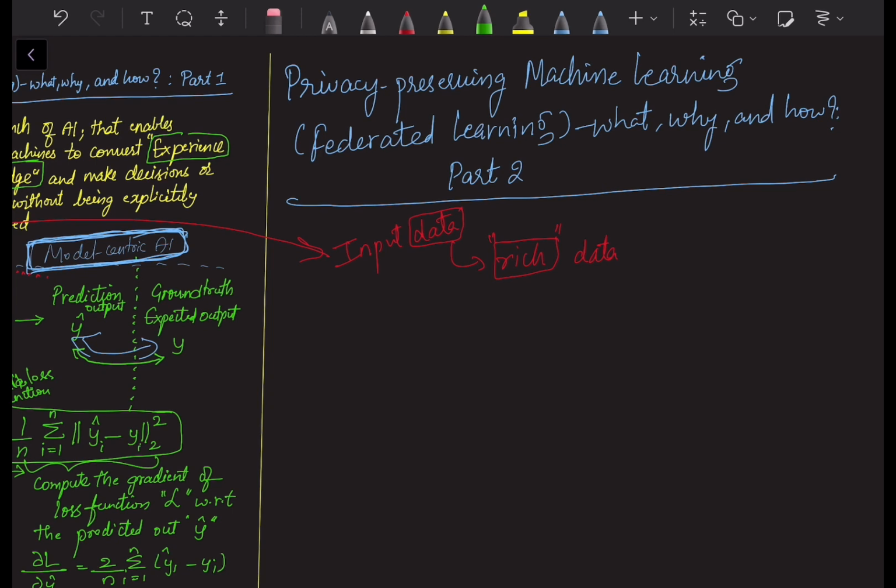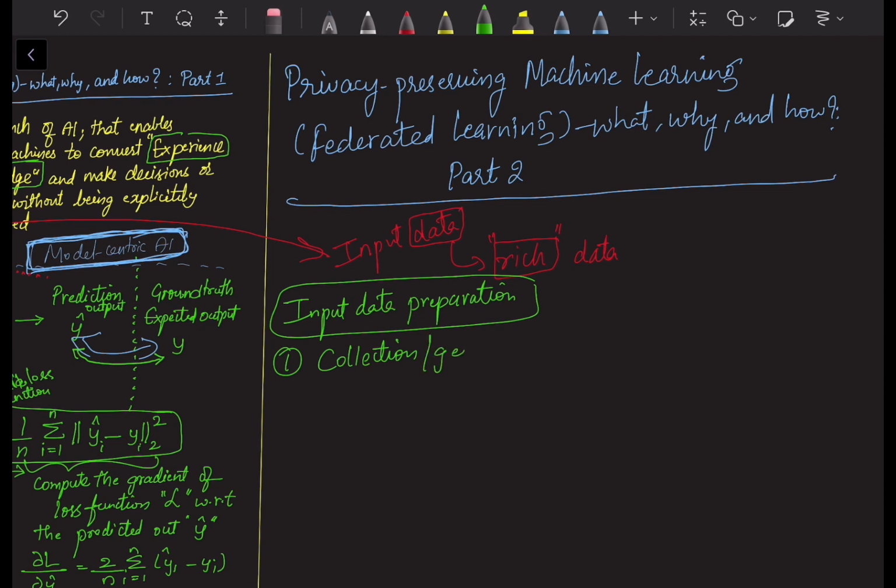So the first thing involved in input data preparation is the simple thing, collection, or if you can't collect, you try to generate some synthetic data. So generation, and from various subjects you may try to prepare the data, right?